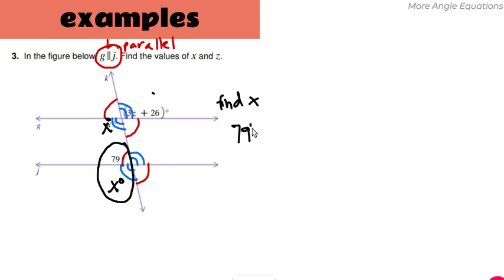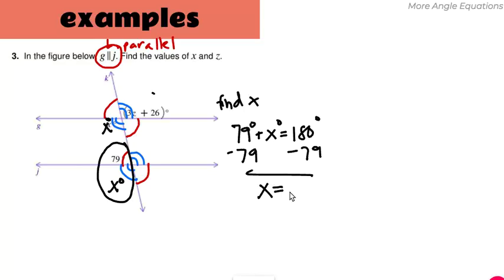So 79 degrees plus x should equal 180. So now I just solve, and x equals 101 degrees. And it made it a lot easier marking which angles were equal from the very beginning. Makes things a lot easier to see.